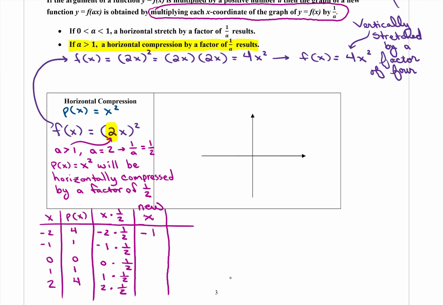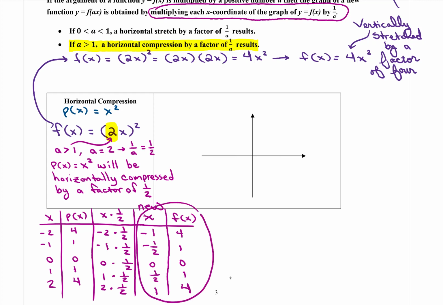Our new x values are going to end up being -1, -1/2, 0, 1/2, 1. Our f of x, or our y values, are going to remain the same as the parent graph. Those are not going to change. Let's go ahead and plot those points and see what that graph looks like.